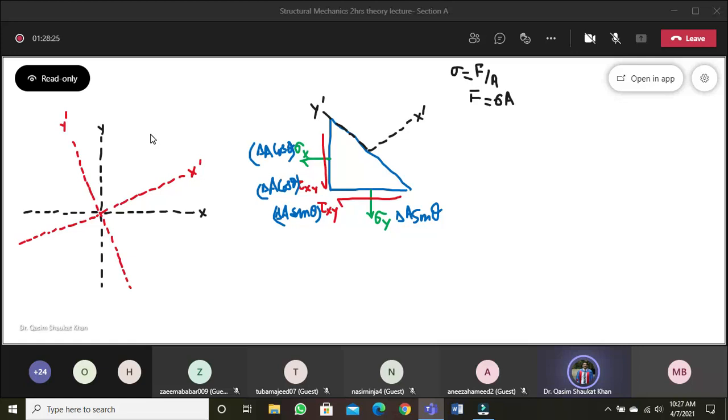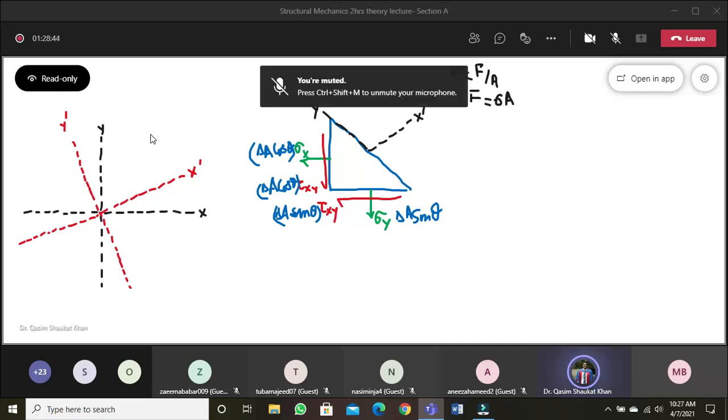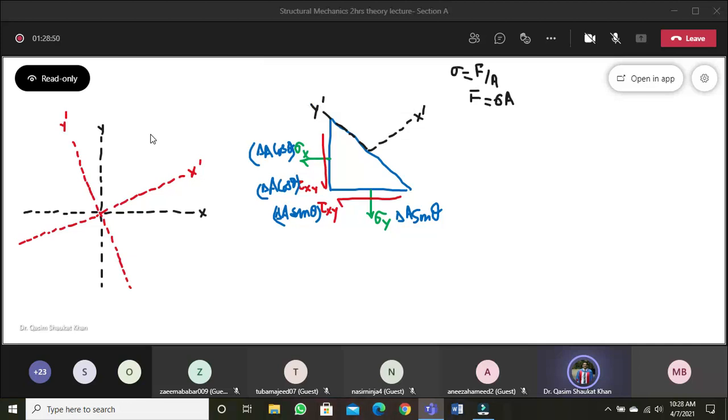Is this clear? X dash axis, x axis, y dash axis. Now let's take the forces one by one and find their components. First I am taking this force, which is tau xy delta A sin theta. So this force is this one.